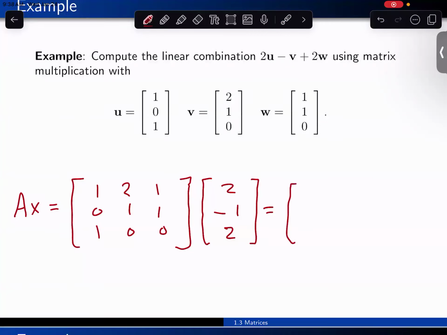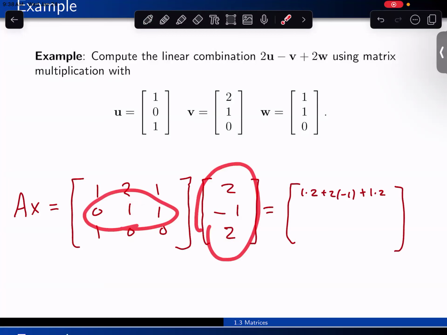So this is going to be equal to 1 times 2. I'll do it in detail. Plus 2 times -1 plus 1 times 2. So that's the dot product of the first row with 2, -1, 2. Then you dot 0, 1, 1 with 2, -1, 2.